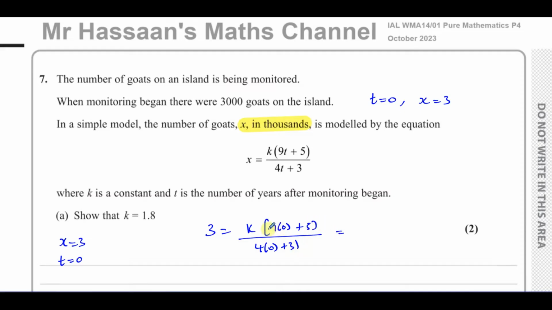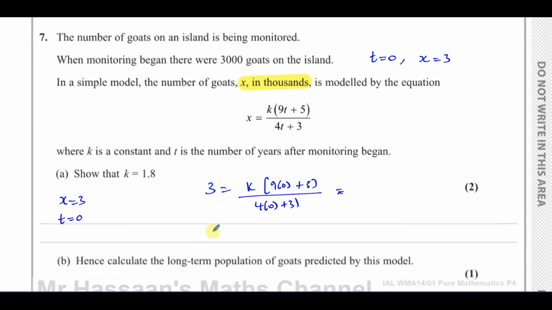So we end up with 3 equals 5k over 3. So therefore we can say k is going to be 9 over 5, and 9 over 5 is 1.8. So we can see that k equals 1.8 as we should have shown. Alright, so there's the answer to part A.